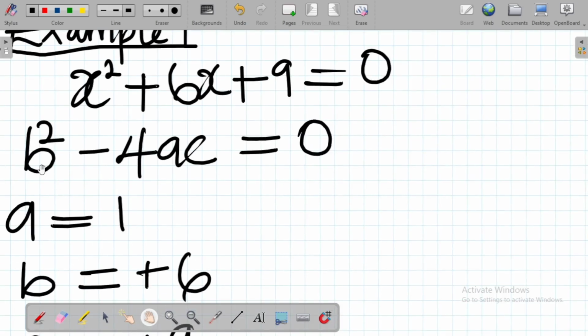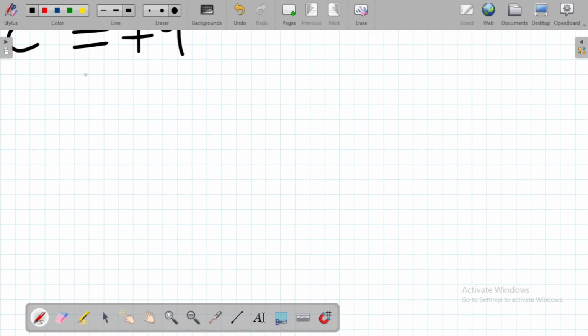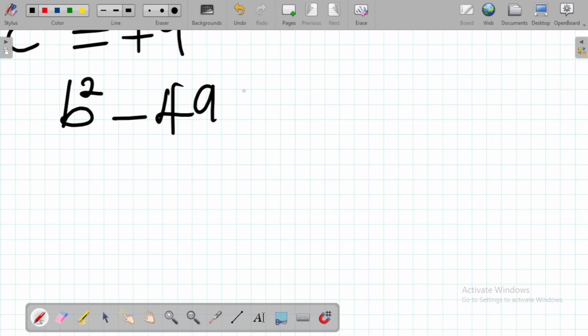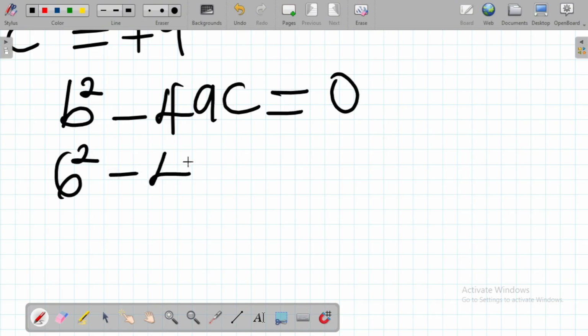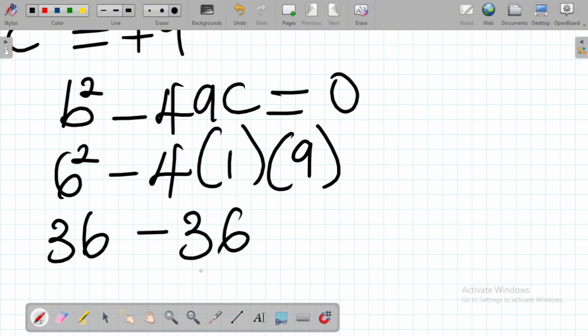So now let's substitute into this equation. We have that b squared minus 4ac is equal to 0. So here we have 6 squared minus 4 multiplied by 1 multiplied by 9. So 6 squared gives us 36. 4 multiplied by 1 multiplied by 9 gives us negative 36.